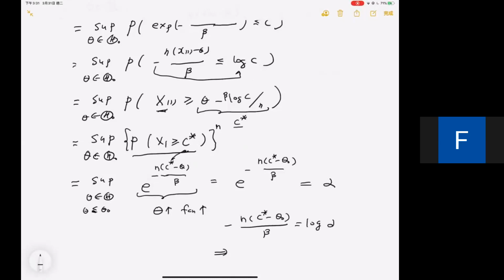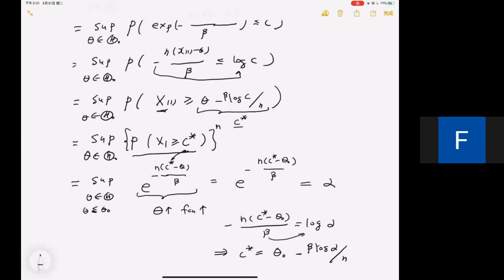Then solving that, C star equals what? C star equals, I think, log alpha times beta divided by n, then moving to the right-hand side, minus theta 0. Is that correct? Or is it not? Just really doing things with beta right here, divided by n, minus theta.